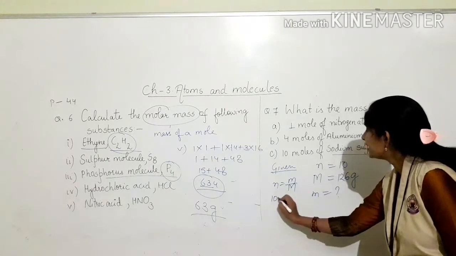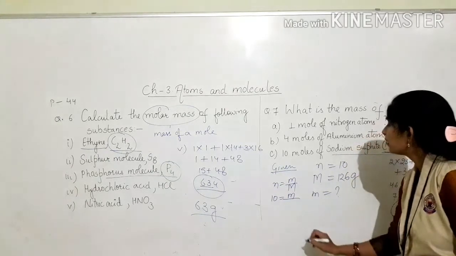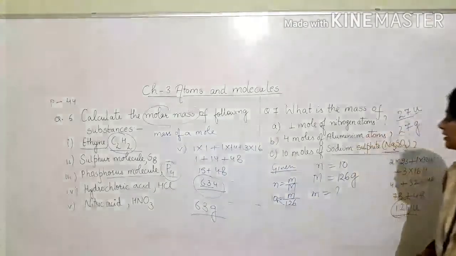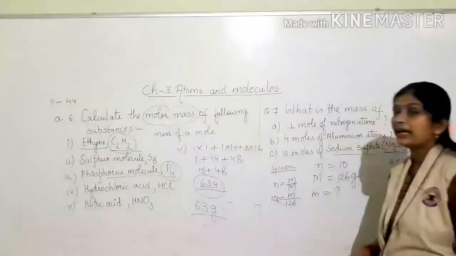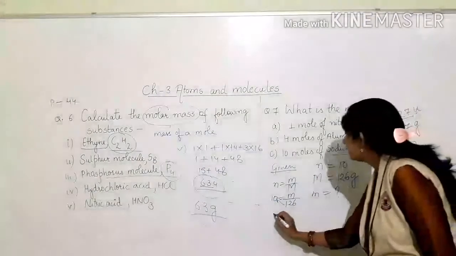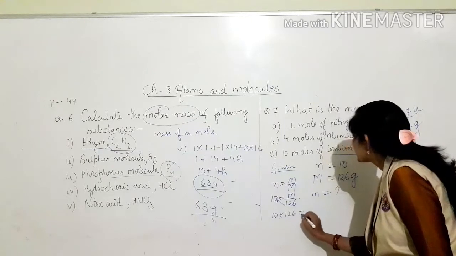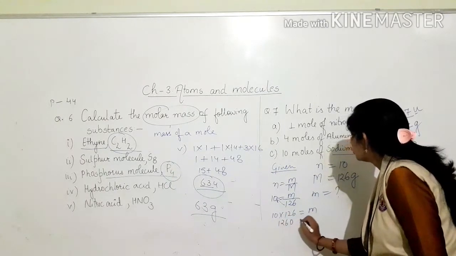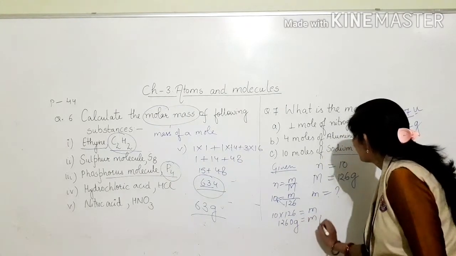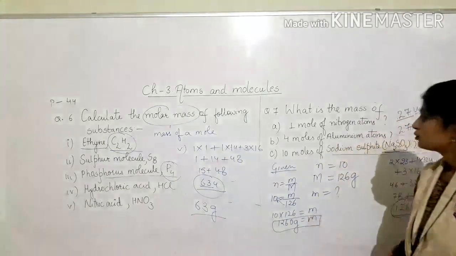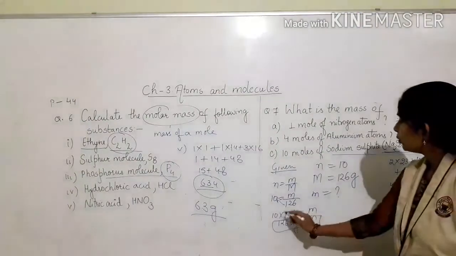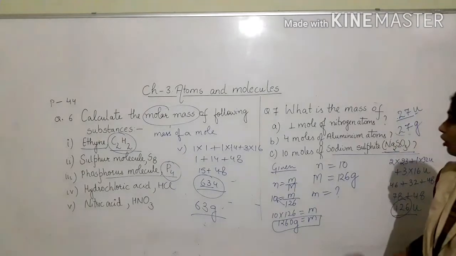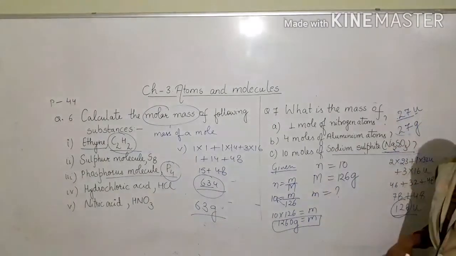Number of moles 10 is equal to mass, which we have to calculate, upon molar mass 126. 126 will be transferred from right to left, then it will multiply 10. 10 into 126 is equal to M. 10 into 126, it is 1260 is equal to M. So mass is 1260 gram of 10 moles of sodium sulfite.